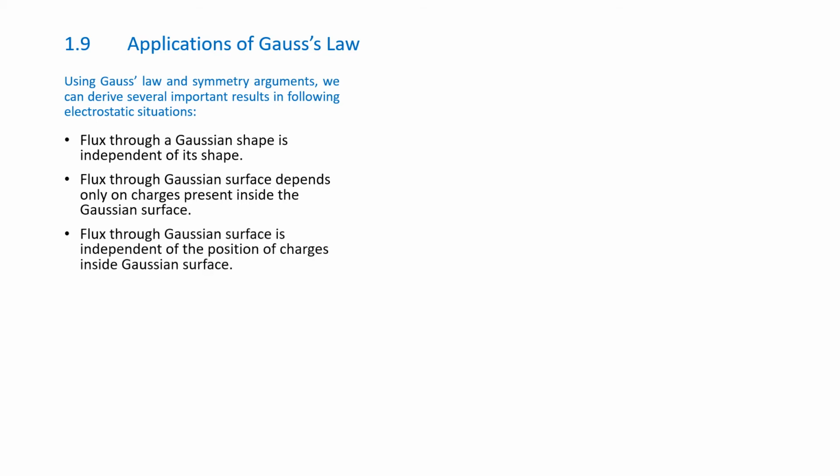Flux is independent of the position of charges inside the Gaussian surface. It can be located either at the center or at the surface or anywhere inside the Gaussian surface, and flux is independent of that. And that means flux is uniform all through.